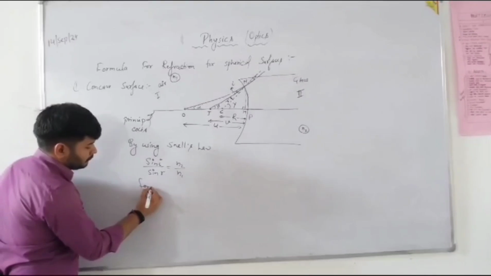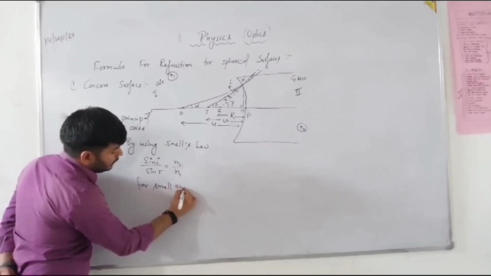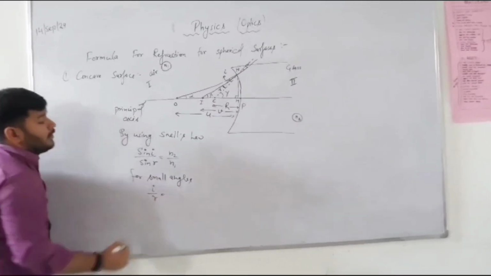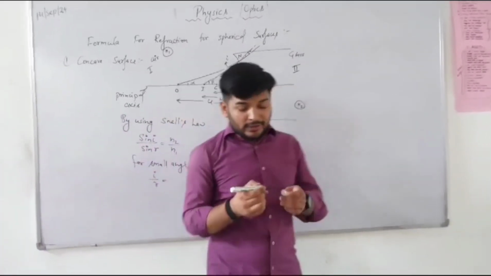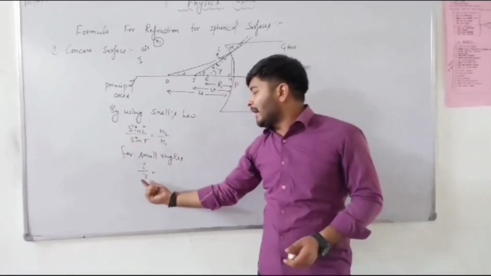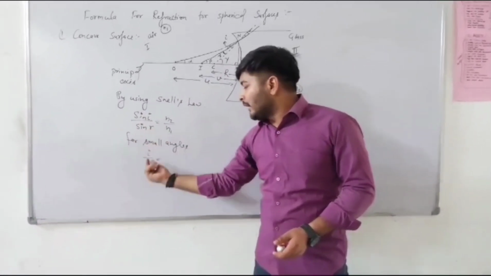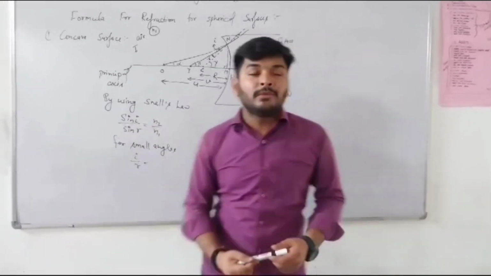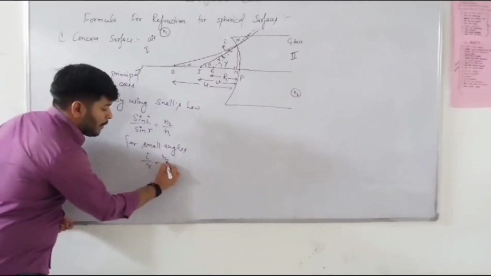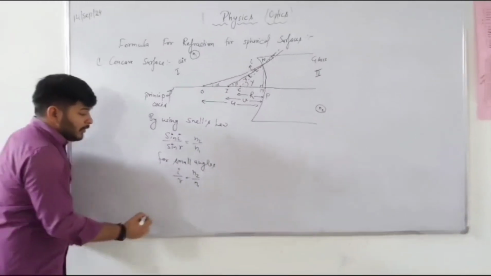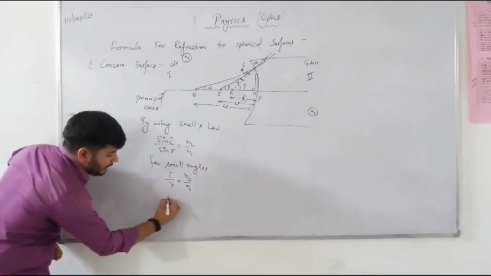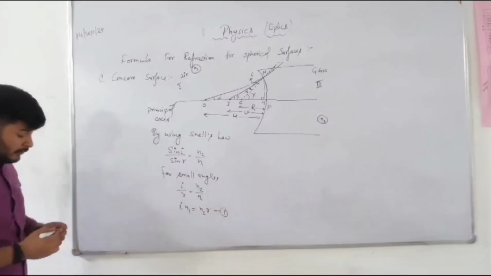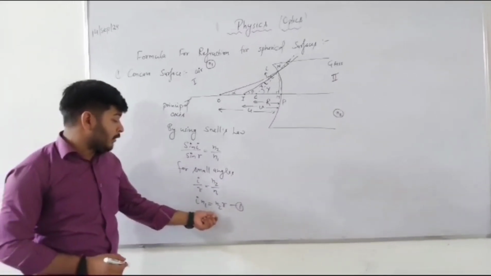For small angles, sin I becomes I and sin R becomes R. Then the equation becomes I upon R equals N2 upon N1. Now we cross multiply and get I N1 equals N2 R. This is our first equation.